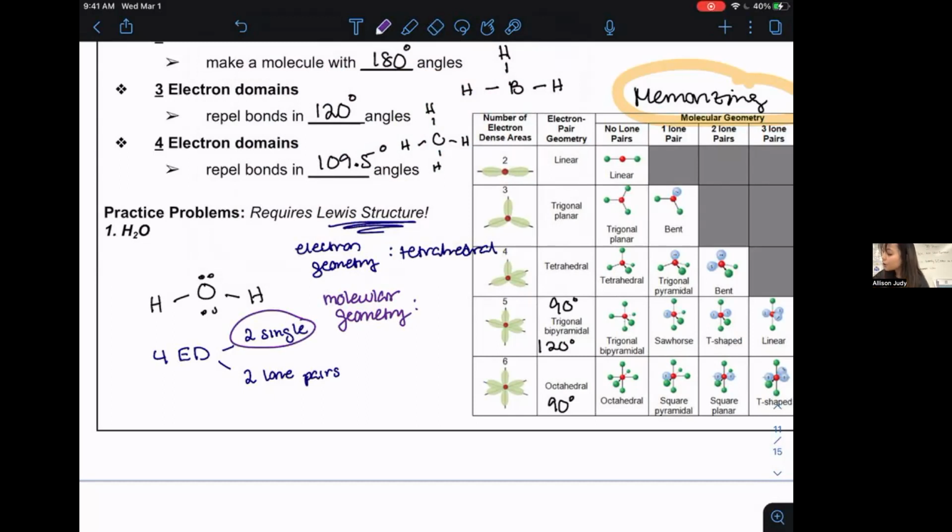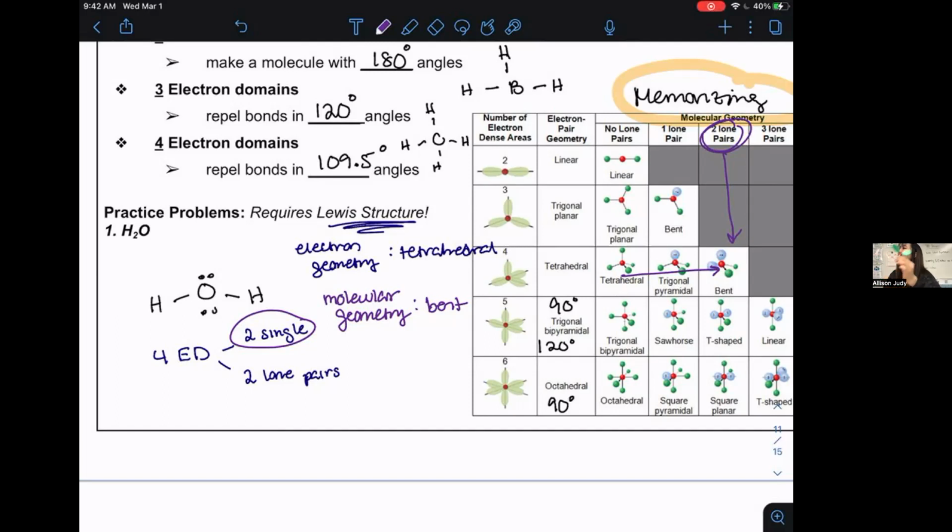So we say there are how many lone pairs around the central atom? 2 lone pairs around the central atom, giving me for water, bent is the actual shape of water, which is what we saw. It is bent. 2 lone pairs around the central, but the name of the shape is bent. If we include the lone pairs, it looks tetrahedral, but we don't when we name the molecule shape.